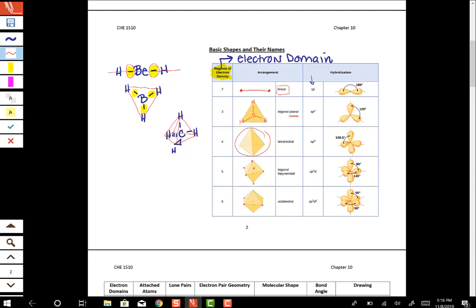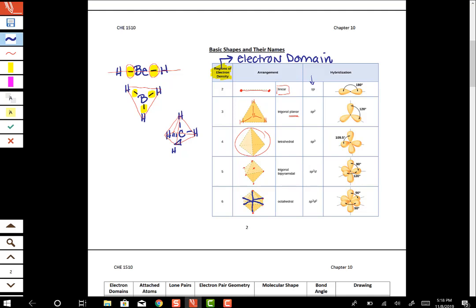has 6 electron domains, and those atoms are where I'm drawing the red dots. And right here in the center where I'm drawing the blue dot is where the central atom would be. And so your central atom is connected to all of those 6 atoms.